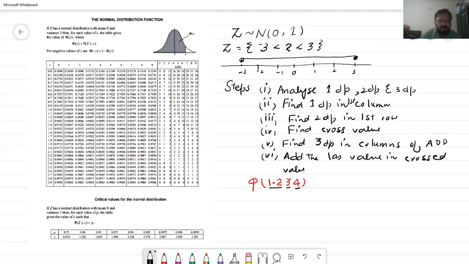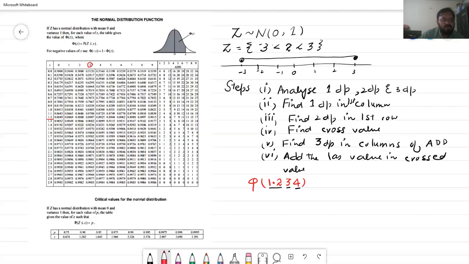I'll draw it. 1.2 is over here. The second decimal place is 3. We have to find the cross value.